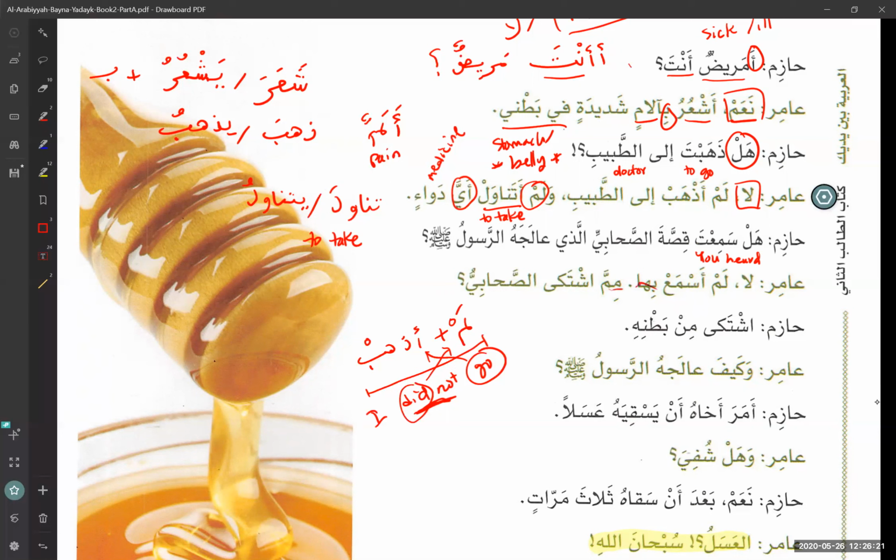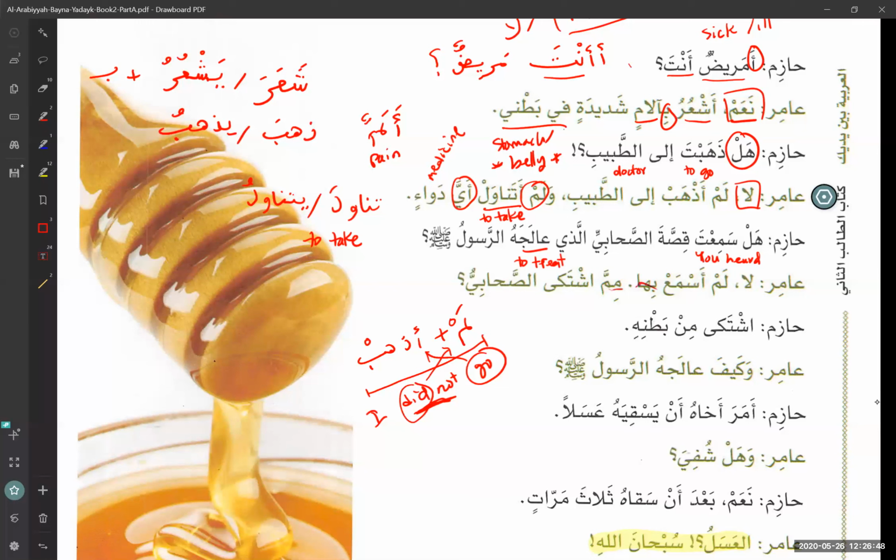الذي, who, عالجه الرسول صلى الله عليه وسلم. So what is عالج? عالج is to treat. To treat, like, you know, to treat someone to get better.